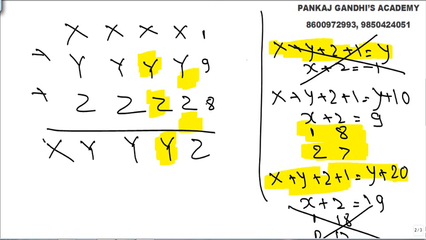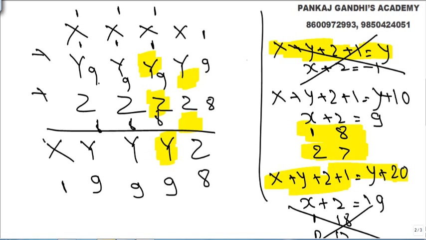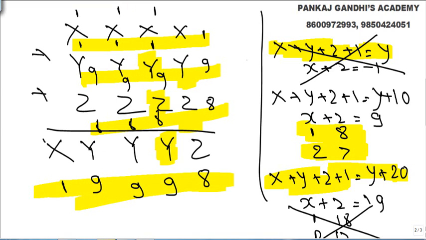It has to be 198. With 198, we get 18, carry forward 1, then 19, carry forward 1, then 19, carry forward 1, then 19. So what we get is x is 1, y is 9, z is 8, and the summation is this thing.